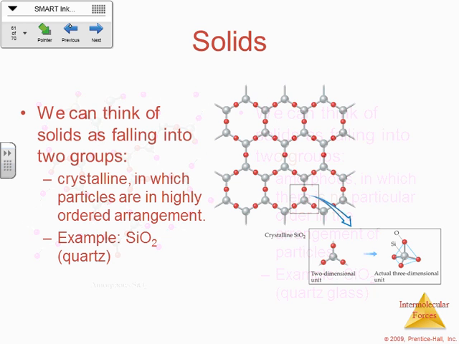Now over here, if you look at the crystalline, it's very highly ordered, so every direction you move through this, you're going to see this ordered arrangement of hexagons, okay? And so that's the difference between crystalline and amorphous, okay?